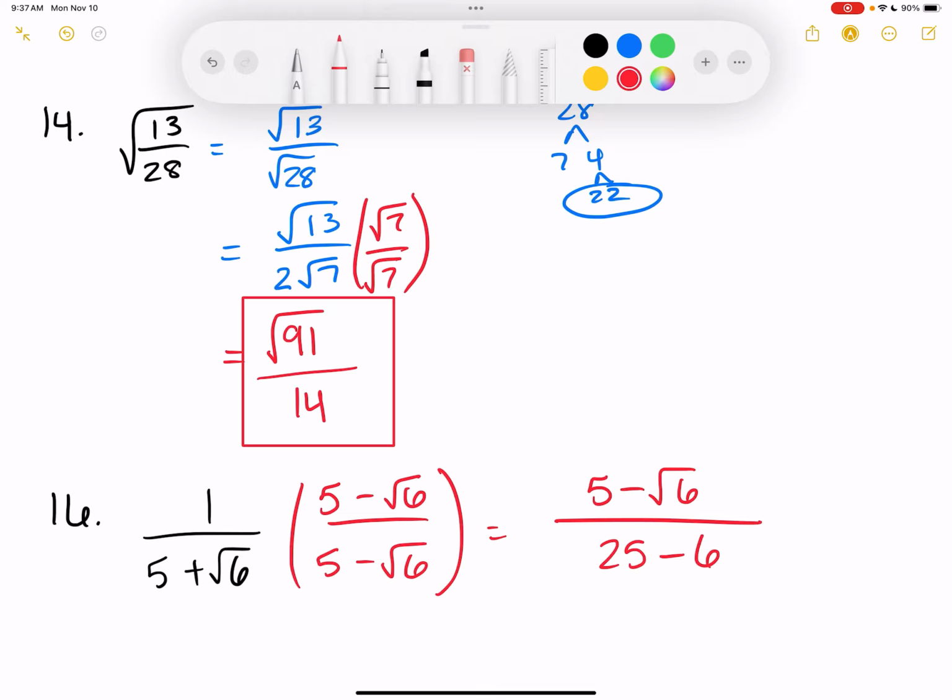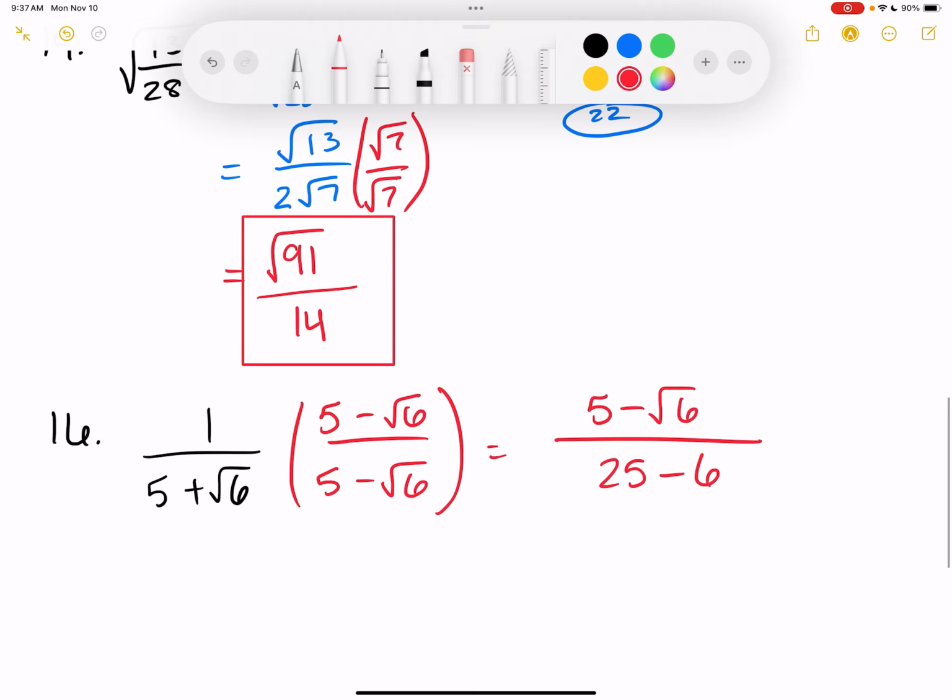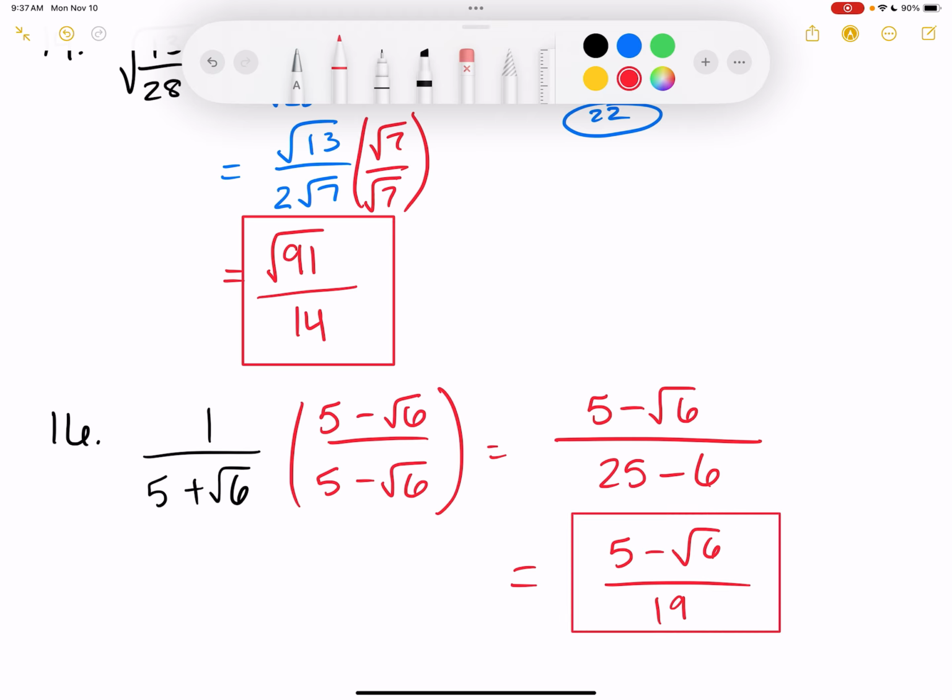Then I just end up with 5 minus the square root of 6 over 19. And that's your answer. So you just have to multiply by the conjugate. You've got to force a difference of squares to happen on the bottom.